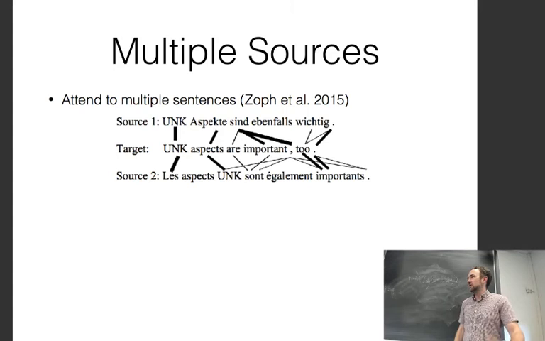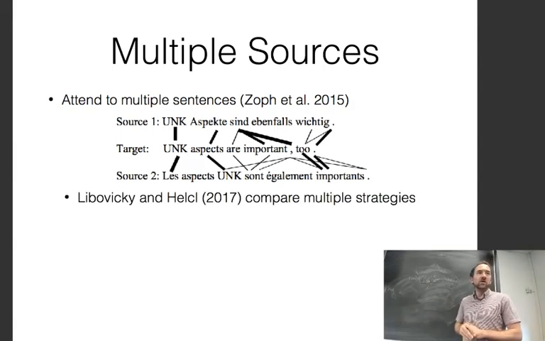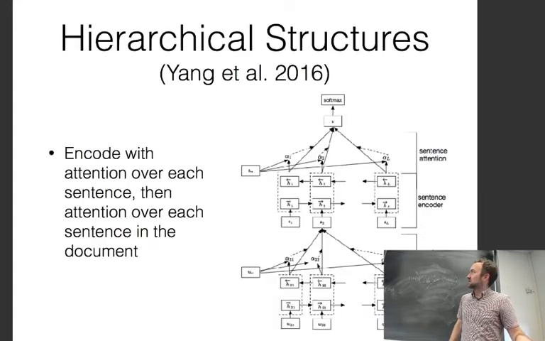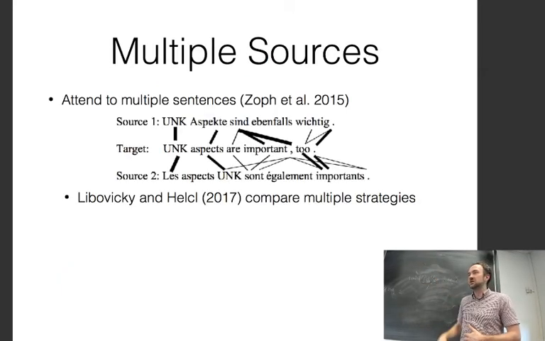In this case, you could attend to all 20 languages when you generate your output to get the 21st language. And that's actually a pretty realistic scenario. There was a nice paper recently that compared multiple strategies for using this multi-source attention. The interesting thing is they did something hierarchical, where you attend to one sentence in one language, another sentence in another language, then you attend to the vectors that you got from attention, and that seemed to work best for them in this particular task.